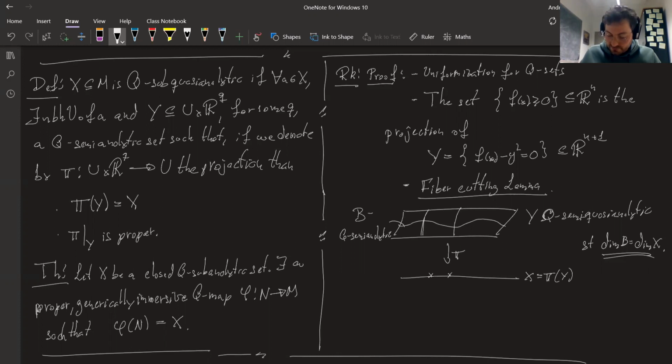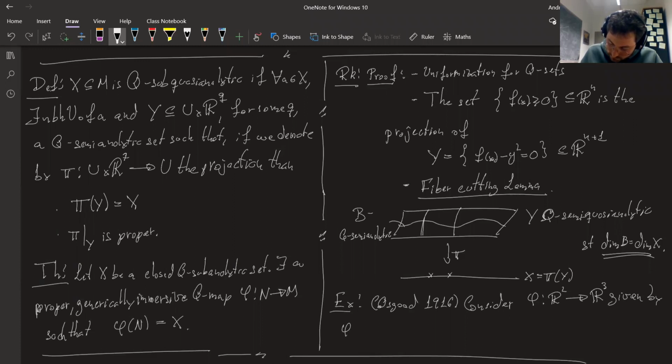And I want to finish with an exercise, a classic example of a subanalytic set which is not analytic, which comes from Osgood. Consider phi from R^2 to R^3 given by phi of (u,v) equals (u, uv, uv e^v).